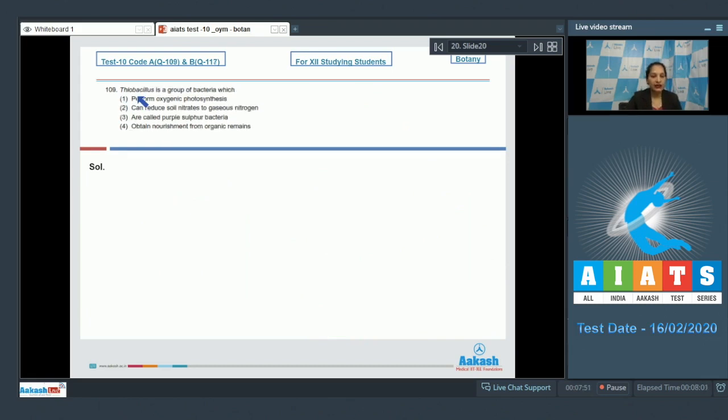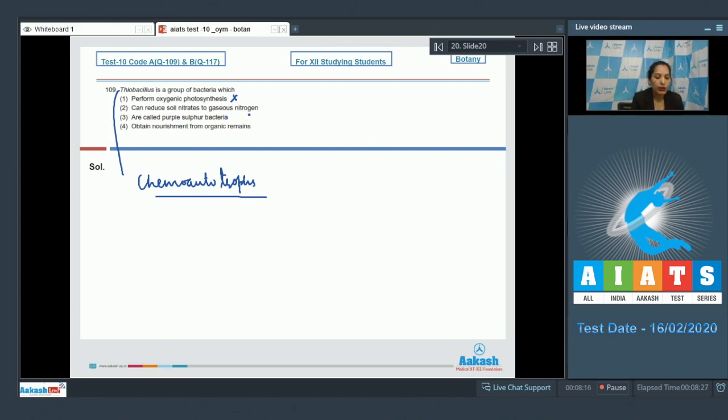Question number 109. Thiobacillus is a group of bacteria which perform oxygenic photosynthesis. No. Thiobacillus is a group of bacteria which are chemoautotrophs. And if they are chemoautotrophs, they are autotrophic but not photosynthetic. They do not use light energy to synthesize their own food.